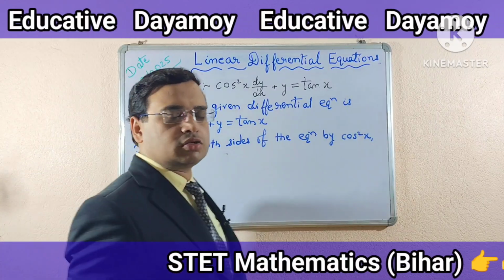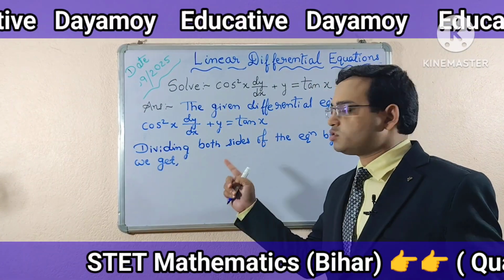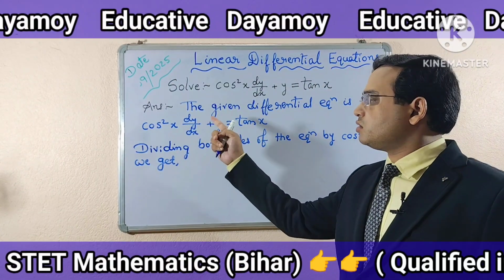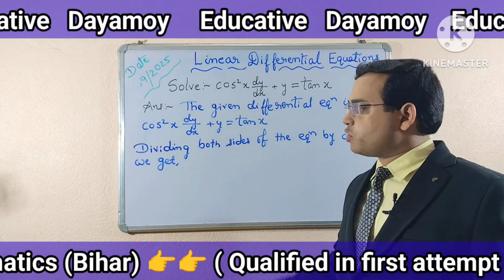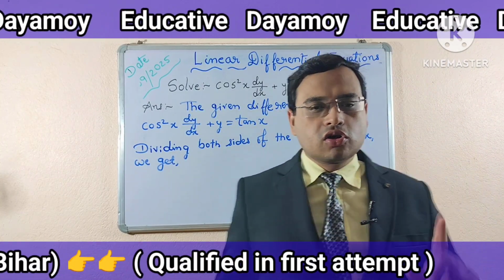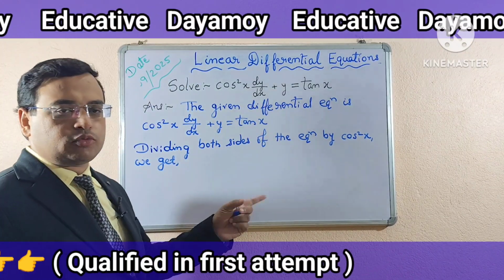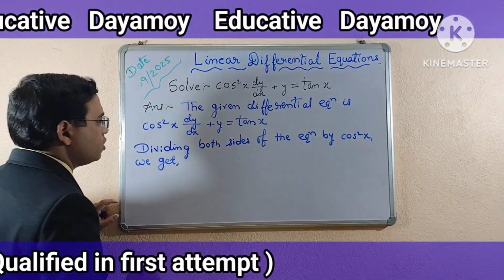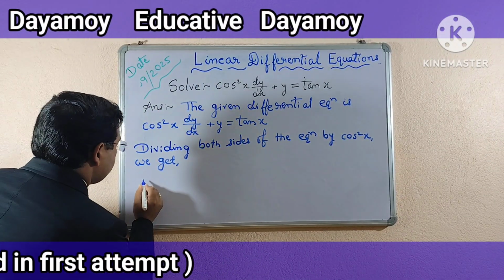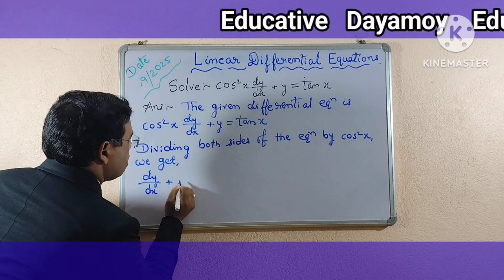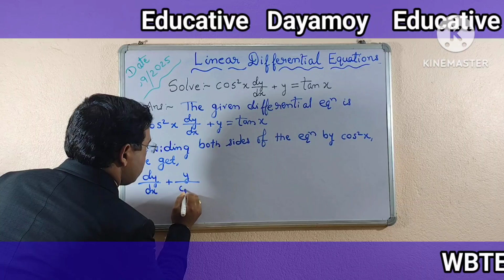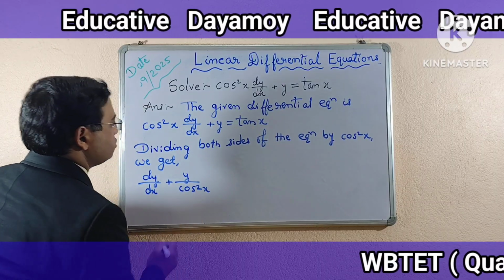Why did I divide both sides of the equation by cos square x? Because here I am getting the form dy by dx plus py equals q, where p and q are functions of x or constants, not y, as I told in the previous video. So what are we getting here? We are getting dy by dx plus y by cos square x.